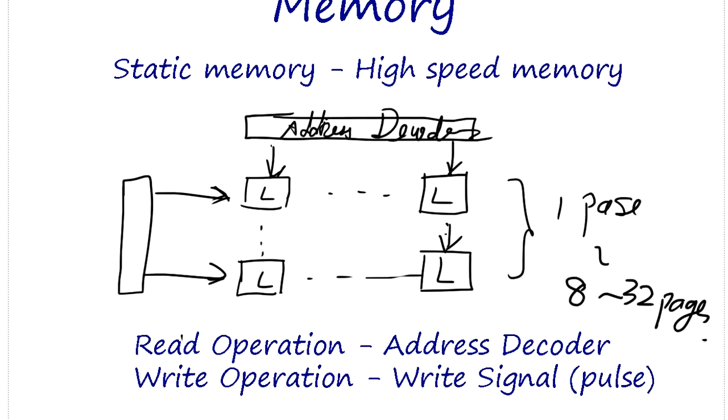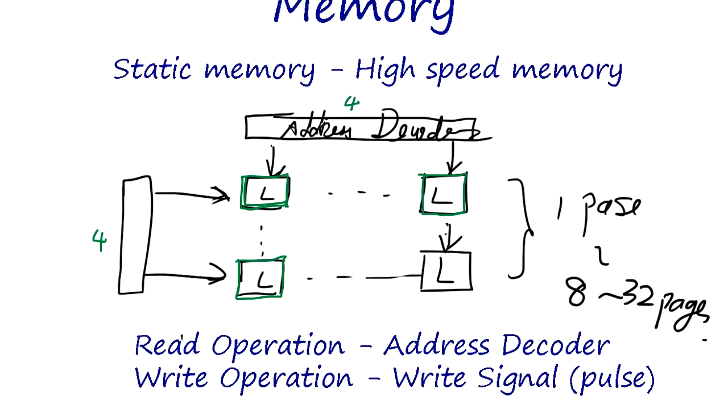Basically, it's a latch. Each bit is a latch, so it costs a lot of silicon chip area, so you cannot have very high density. For example, say you have a 4-bit address here and a 4-bit address here.